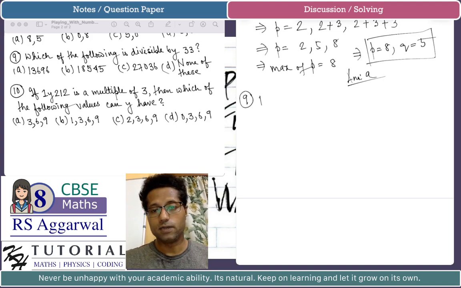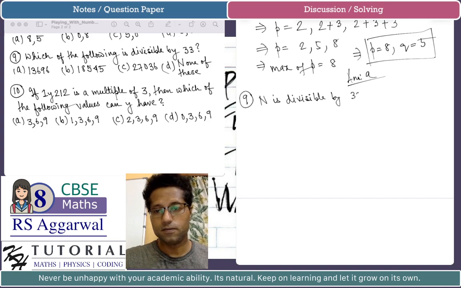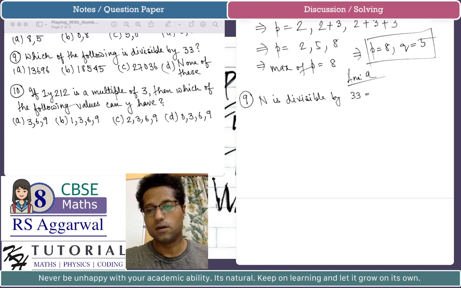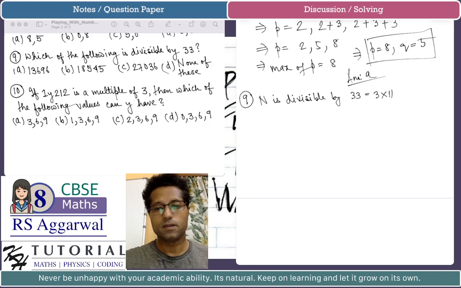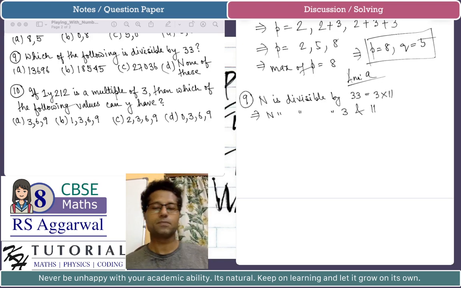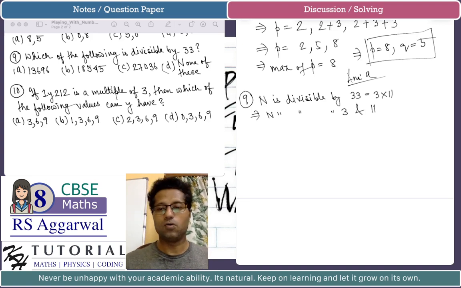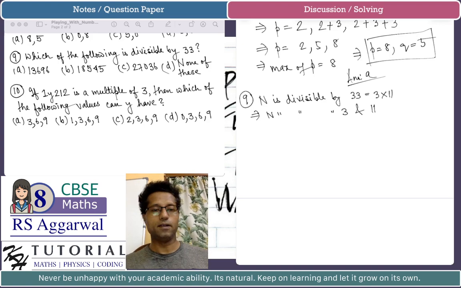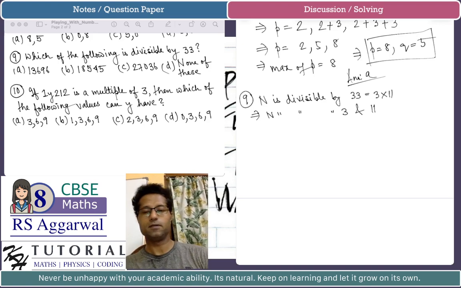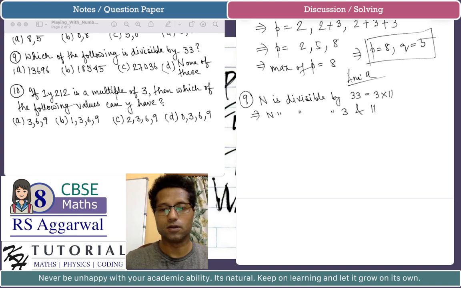We know that a number n divisible by 33, which is equal to 3 into 11, implies that n is divisible by 3 and 11. Now we have to check individually all the numbers whether they are divisible by both 3 and 11 or not.